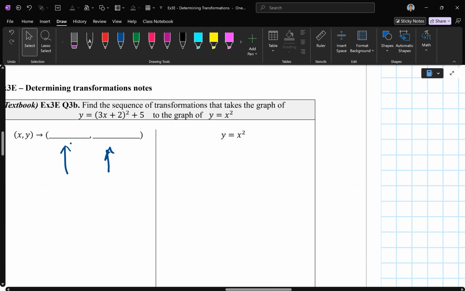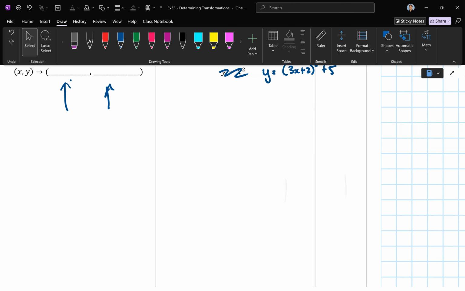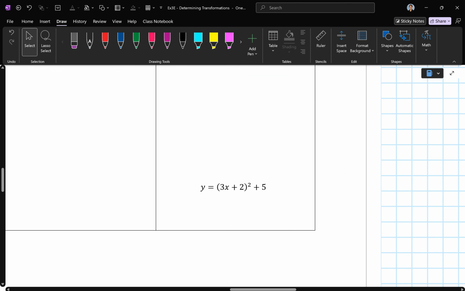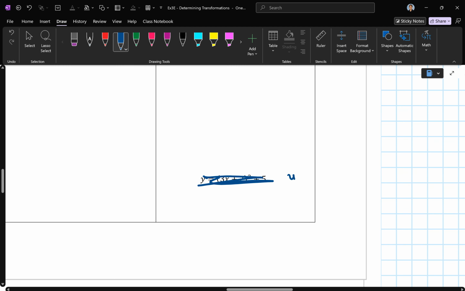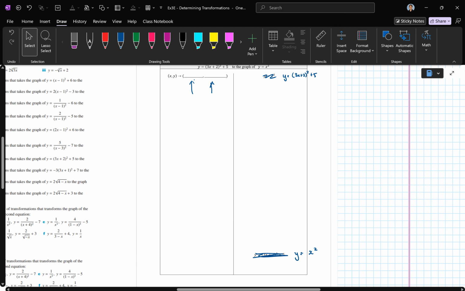The notes are wrong. Can you guys just cross that off and then write here y equals 3x plus 2 squared plus 5, because that's the original x, original y. And you're moving through a sequence to get down to y equals x squared. I just like the layout to be in order so that you can do a comparison.